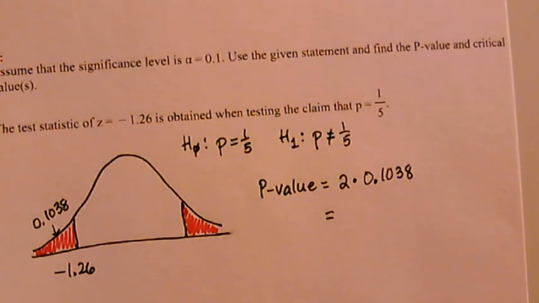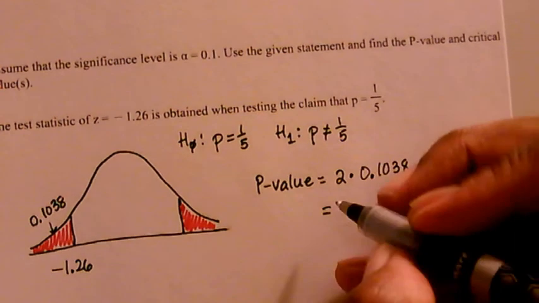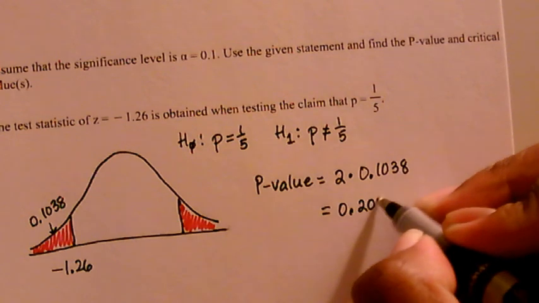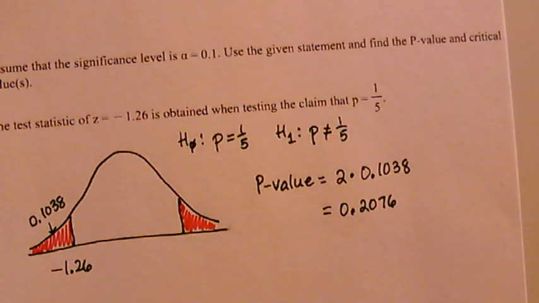So it'll be 2 times 0.1038, which will be 0.2076. Okay? So your p-value there will be 0.2076. Anytime you have a two-tailed test and you're finding the p-value, it's always 2 times the area beyond that test statistic.